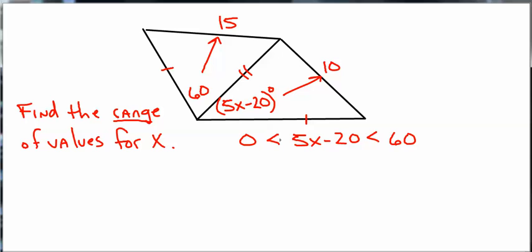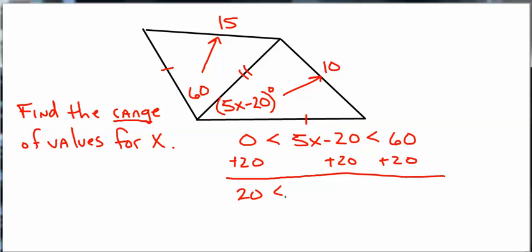Okay? So now the 5x minus 20 is less than 60, but it's obviously greater than 0. This angle measure is greater than 0. So you add 20 everywhere. So 20 is less than 5x, which is less than 80.